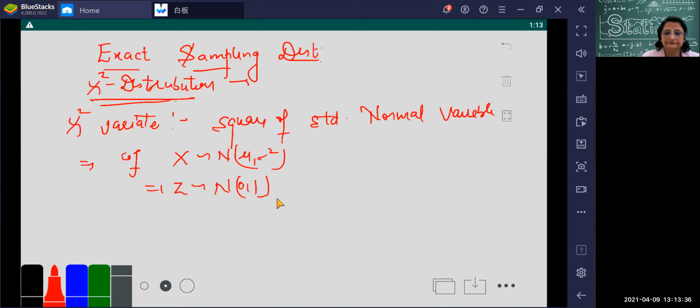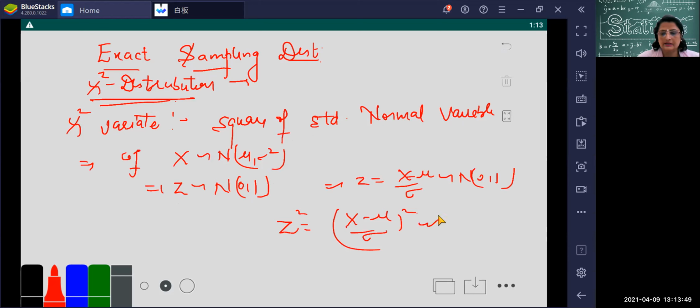So z is equal to (x minus mu) by sigma, which follows N(0, 1). Then the square of ((x minus mu) by sigma) is a chi-square variate with 1 degree of freedom, right?